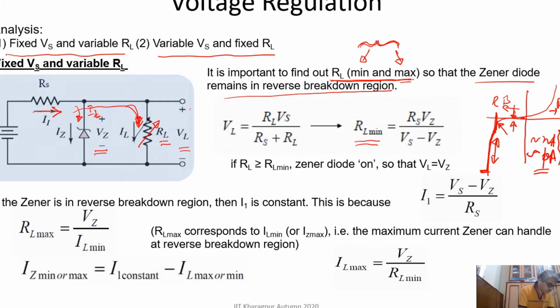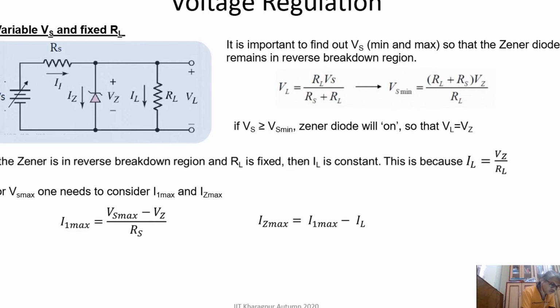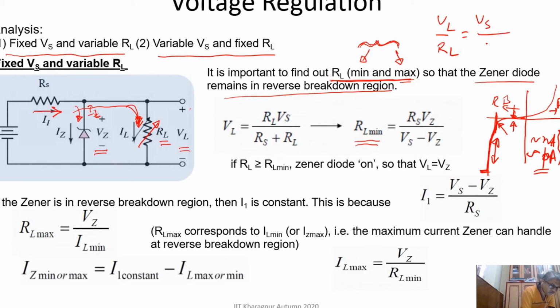So we can write VL over RL, that is the current through the load, equal to Vs over RL plus Rs. That is the main current, basically your I1.